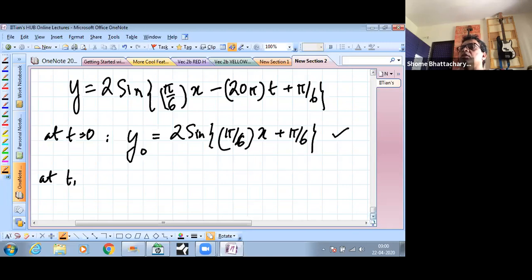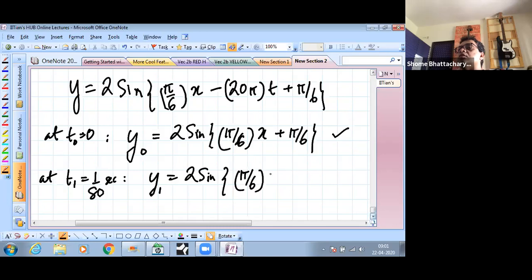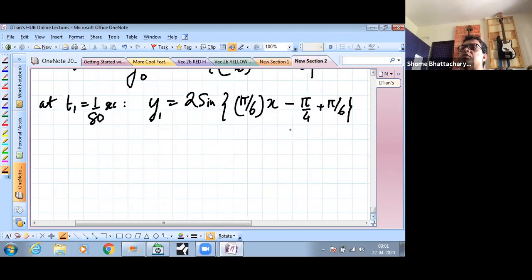At t1, let's say this was t0, equal to 1 by, what was it, I think 80 seconds, we'll have the snapshot as, let's say, y1. So that is becoming 2 sine (pi by 6 x minus pi by 4 plus pi by 6). And this further we can solve, but I'm just leaving it this way.